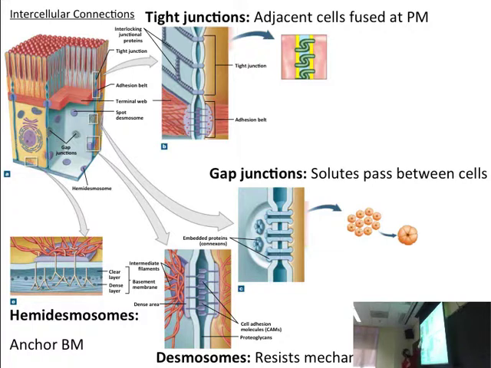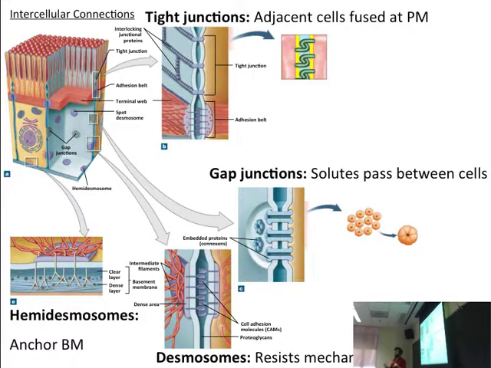So the desmosomes that give these little focal adhesion points stabilize the structure of the adjacent cells. And then there are these hemidesmosomes.